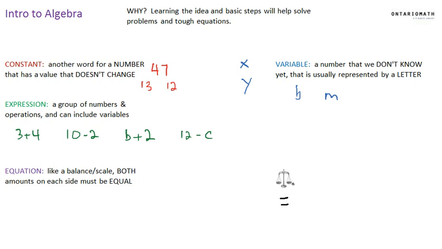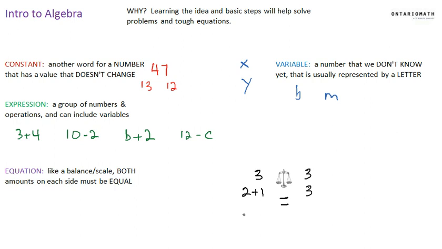Like a proper balance, this side can't weigh more than that side, so it can't tip either way. A basic one here: 3 equals 3. That just makes sense to us. We could also think of it as 2 plus 1 equals 3. This still balances, 3 on this side, 3 on that side.